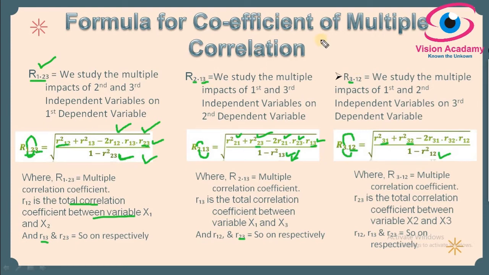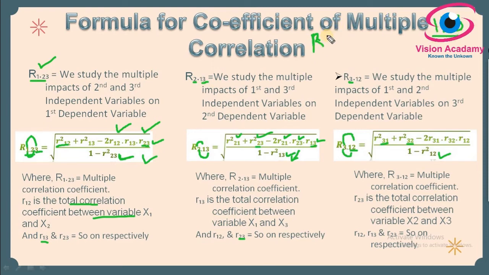And one more thing, we are using something like R1.23. Imagine in case of multiple correlation coefficients, we have 1, 2, 3, which means three variables, and I will tell you how to formulate these three options here. Firstly, let us take all three elements.